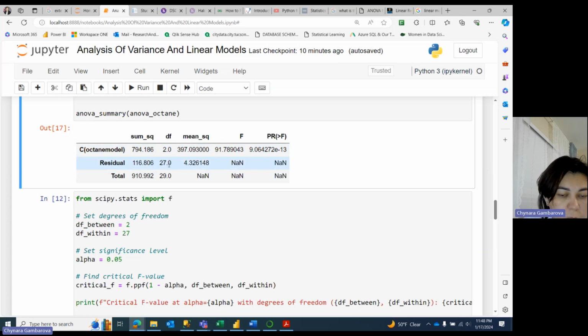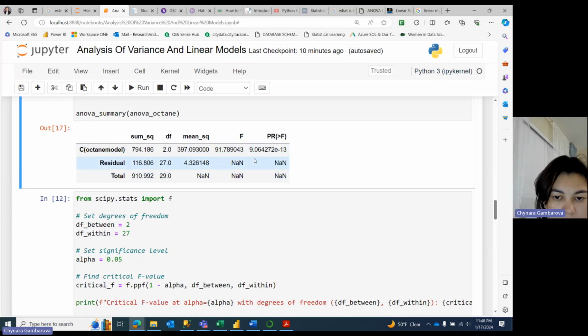And here we know that the mean square is equal to the sum of squares divided by the degrees of freedom. So we can see here is our mean. And as you can see, the mean between the groups is much higher than the mean within the group, which means F is going to be high, which is good in our case.